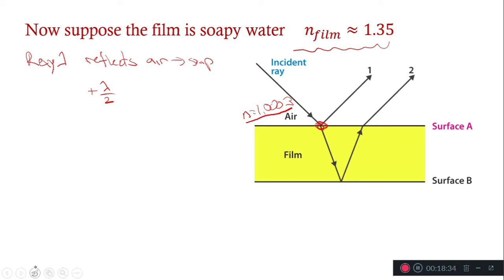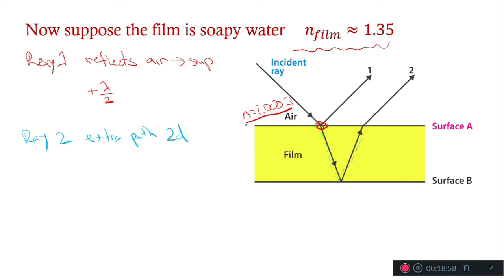Okay, so what happens with ray 2? Ray 2 travels an extra path length difference. In the small angle approximation, what that has is just 2D essentially.